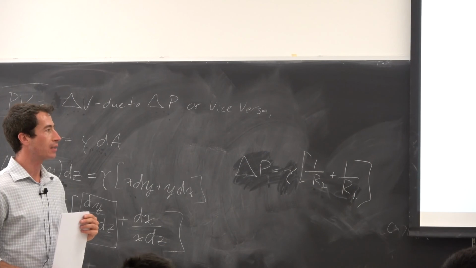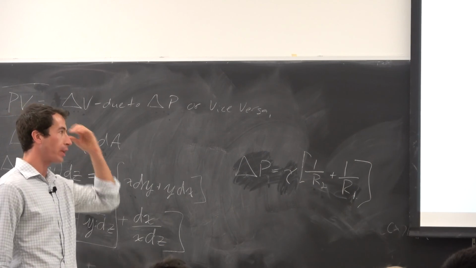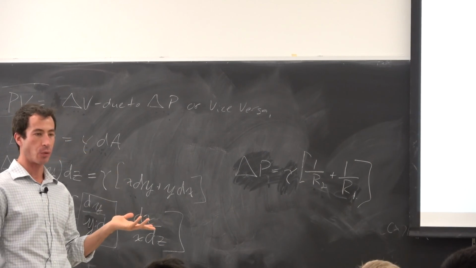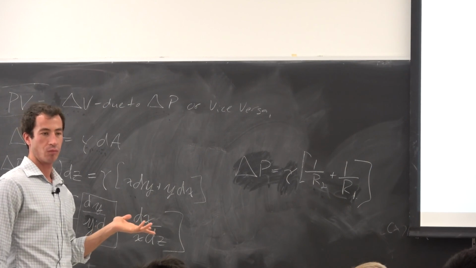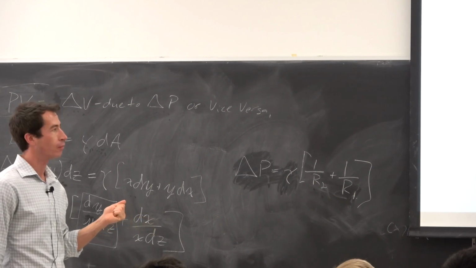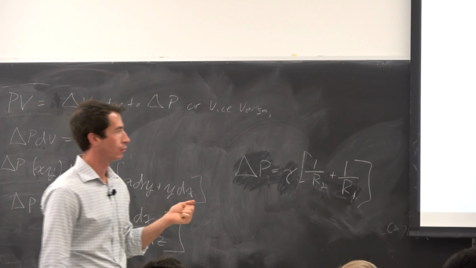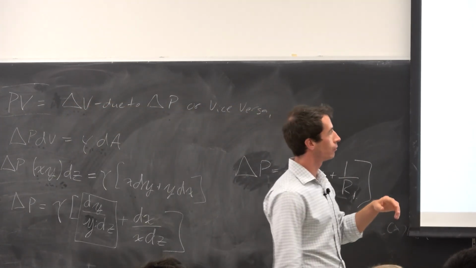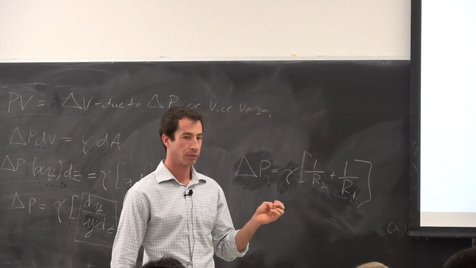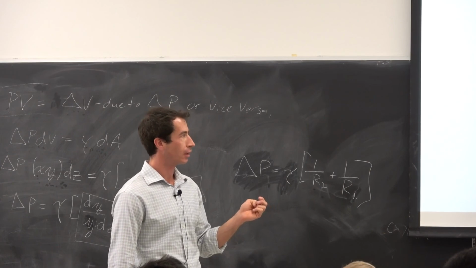R2 is just the initial radius on the y curvature, and R1 is the initial of the x curvature. So they're both just initial.